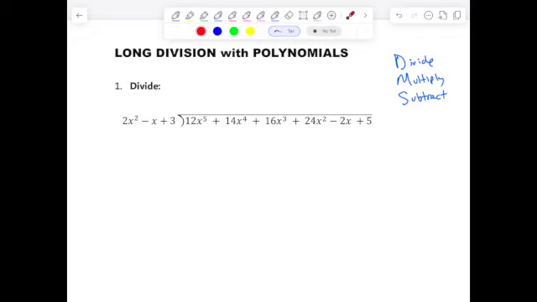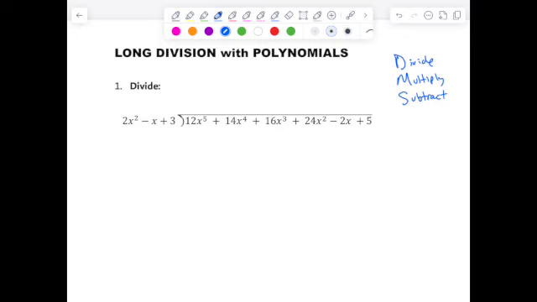Okay, so when you have something like this, you're focused on taking this lead term. Of course, you want to make sure everything is in descending order, everything's in kind of standard form. So if you do that, you're dividing this lead term into this lead term. That's how you begin here. If you can do that mentally, that's really what you want to do.